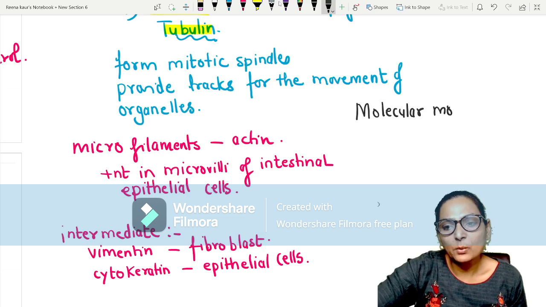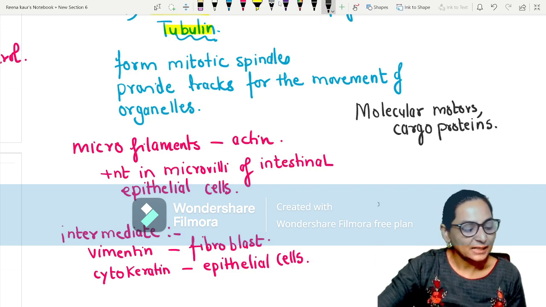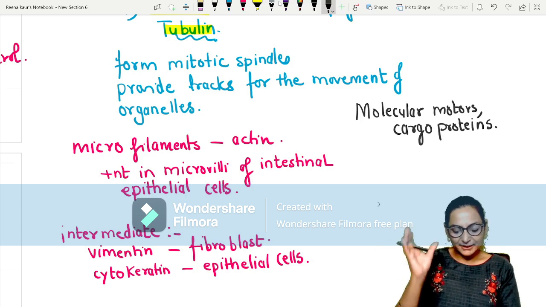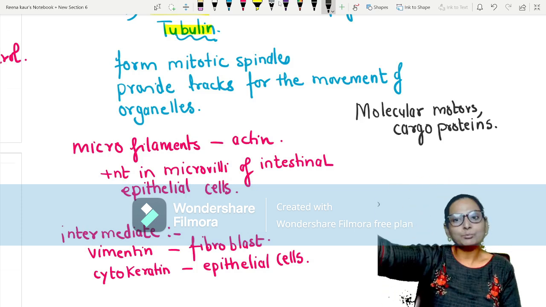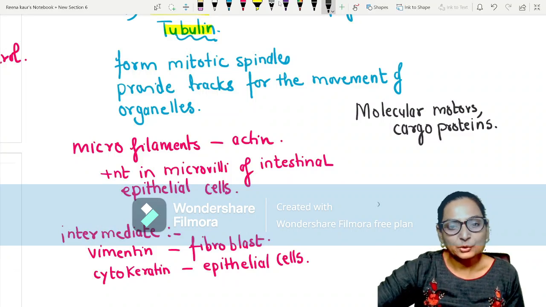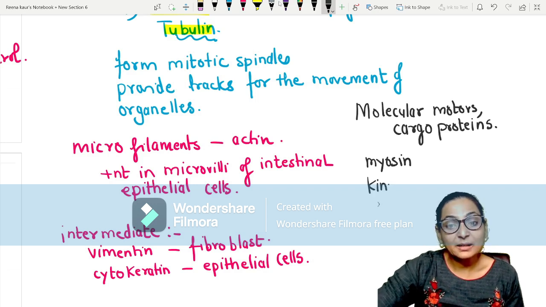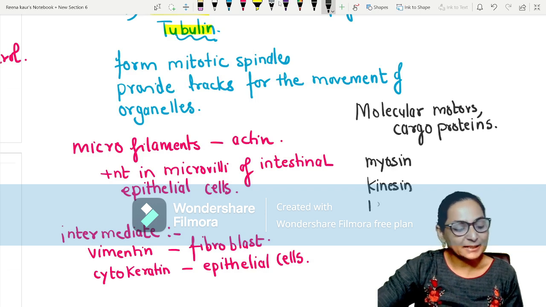Molecular motors are also called the cargo proteins. That means somebody who is carrying something on their head and moving it, helping out. For example, you have myosin that helps in muscle contraction, we saw. Then kinesin, dynein.